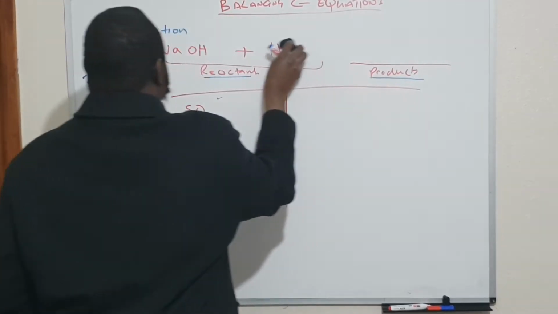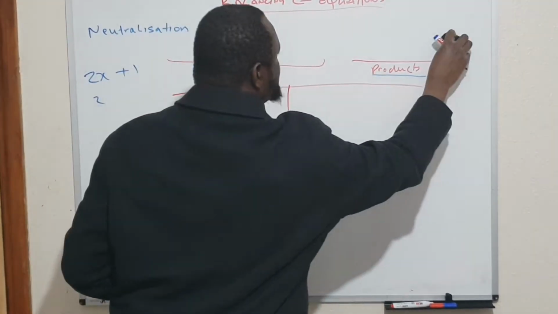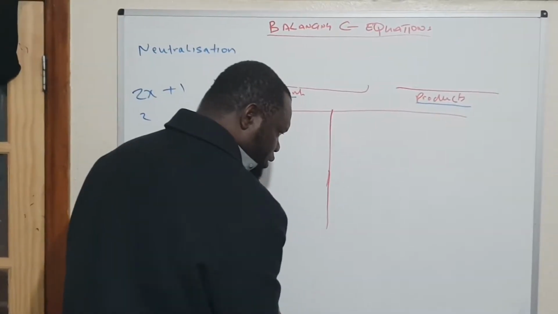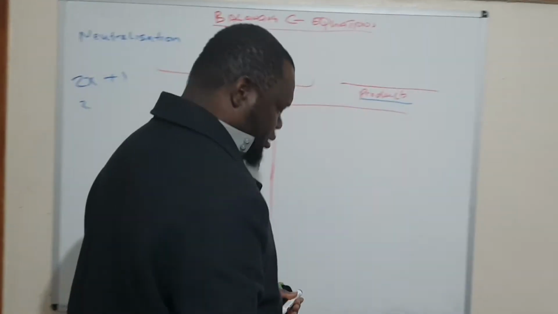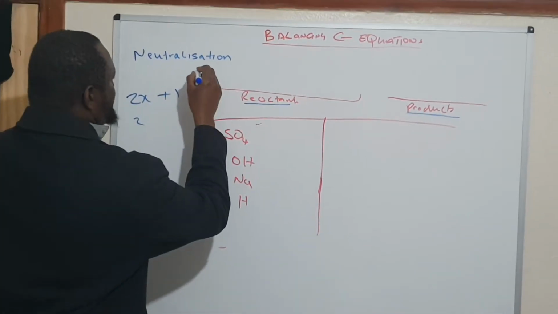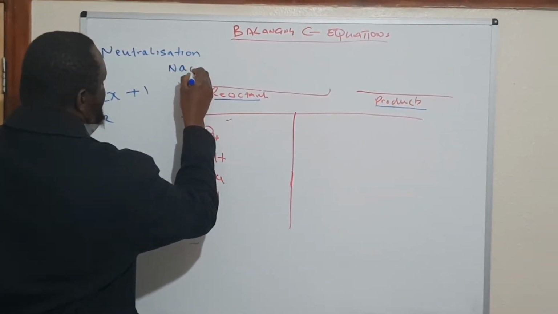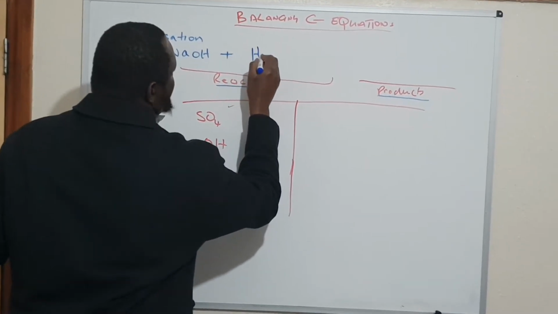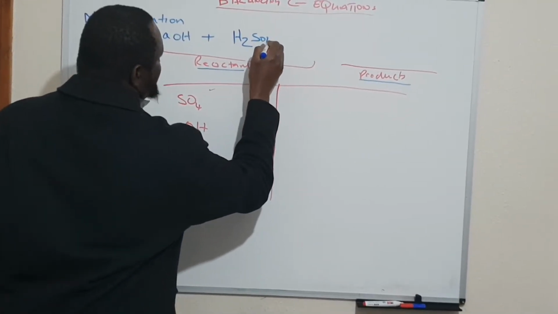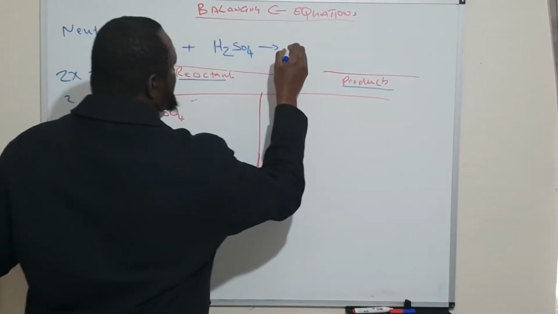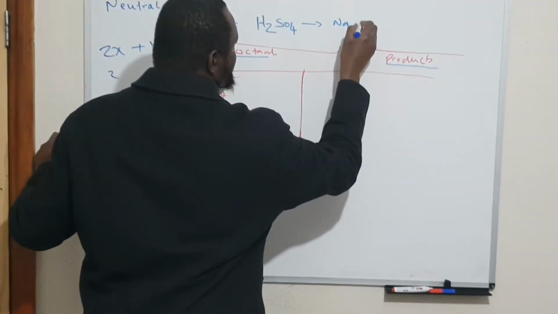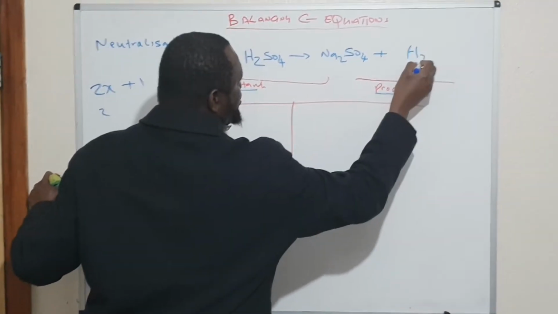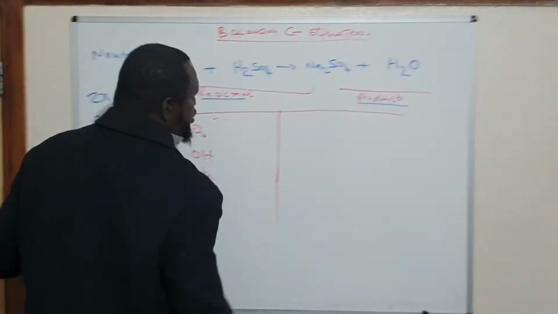Let me write this again. Sodium hydroxide plus sulfuric acid will give you sodium sulfate plus H2O, a salt and water.